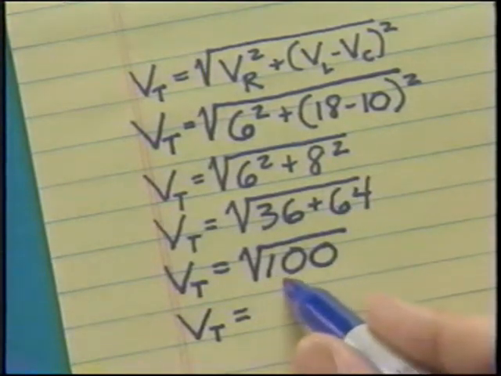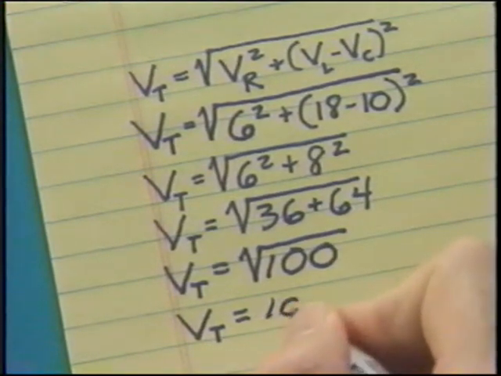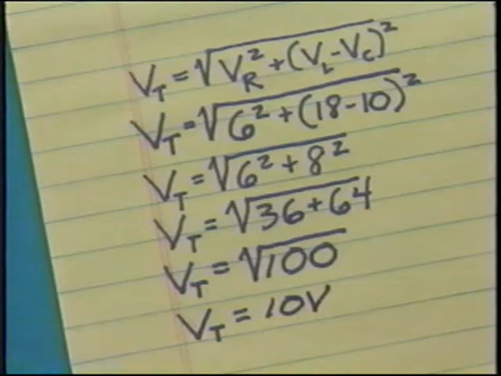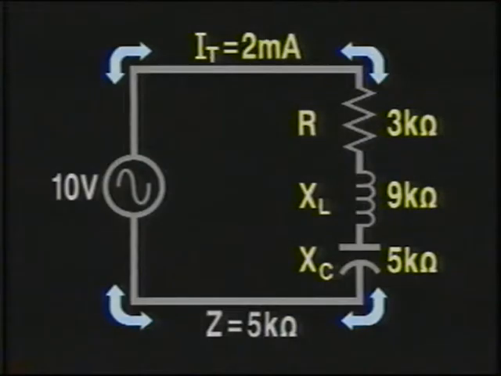Completing the math yields the square root of 100, or 10 volts, for the total RLC voltage. Going back to the example, you'll recall that the applied voltage was 10 volts AC, which verifies the calculations, since the applied voltage and the total voltage are one and the same quantities.